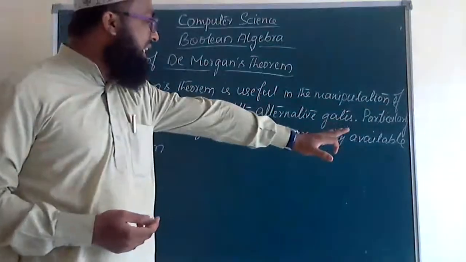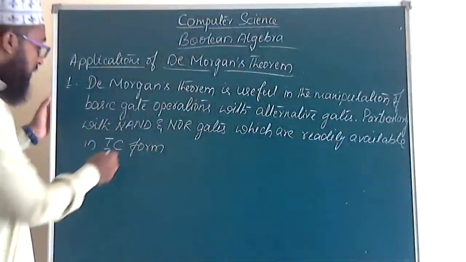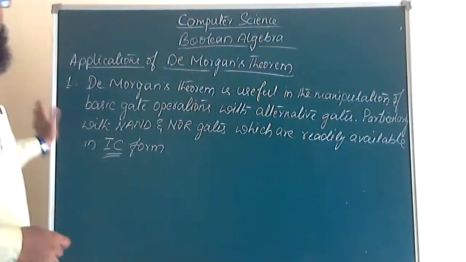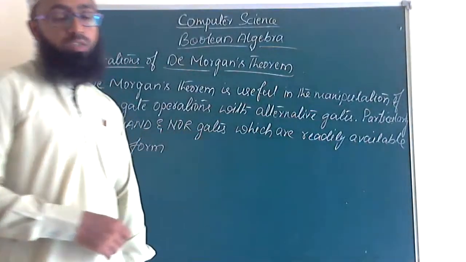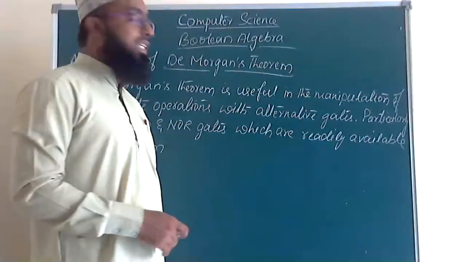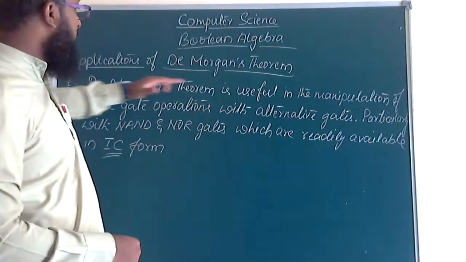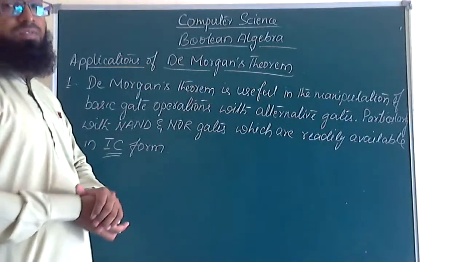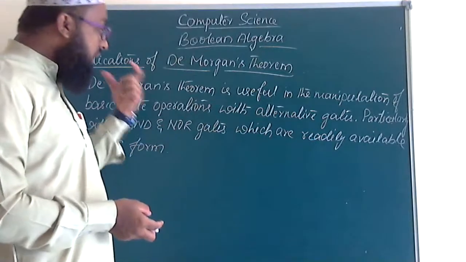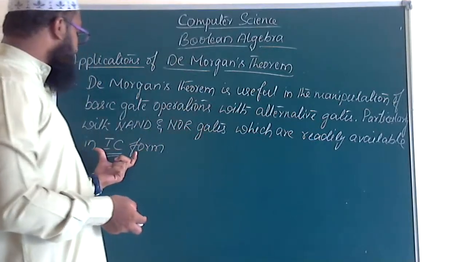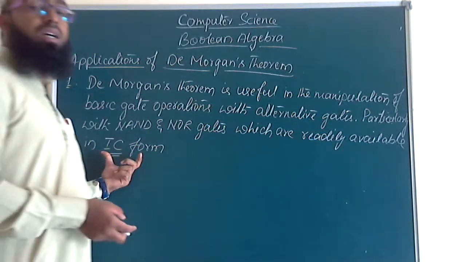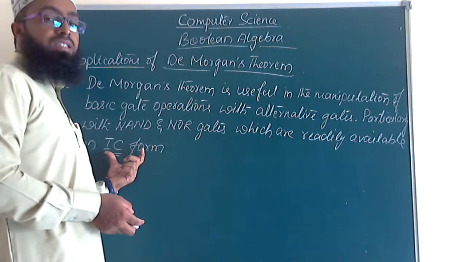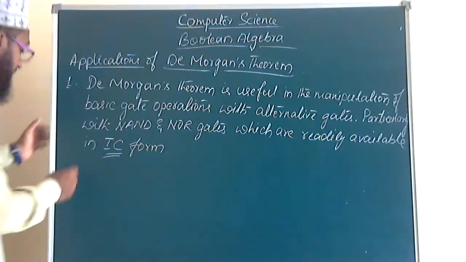Then you will understand what a NAND gate and a NOR gate are. They are readily available in IC form. IC means integrated circuits, as you already know. So this De Morgan's theorem is very helpful in the manipulation of gates which are readily present in integrated circuit form.